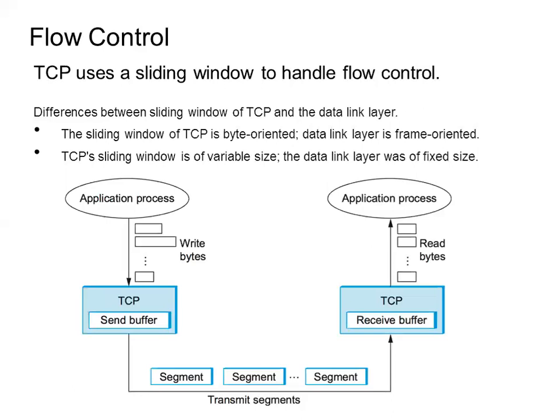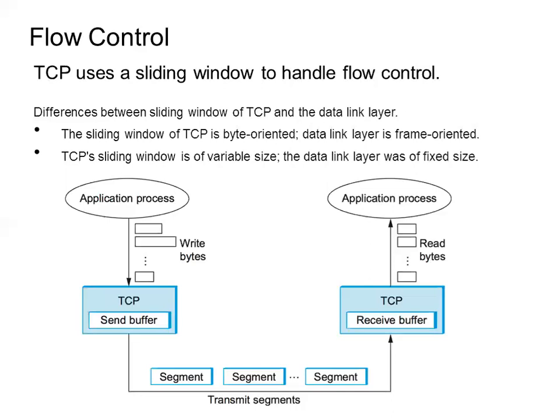Whatever data bytes have been covered by that imaginary window, only those bytes the sender TCP can transmit. And the sender TCP will be waiting until it receives the acknowledgement for those bytes. Once it receives the acknowledgement for the bytes, the window will be moved towards the right. It is going to move forward. That means it is going to include more bytes which will be eligible for transmission next. So that is why it is called a sliding window.